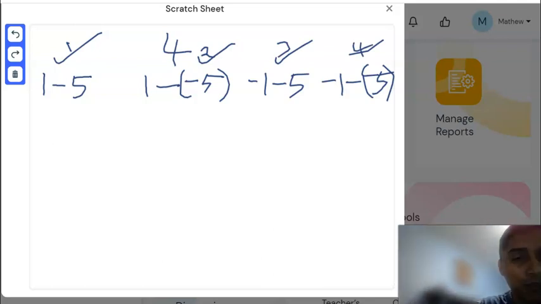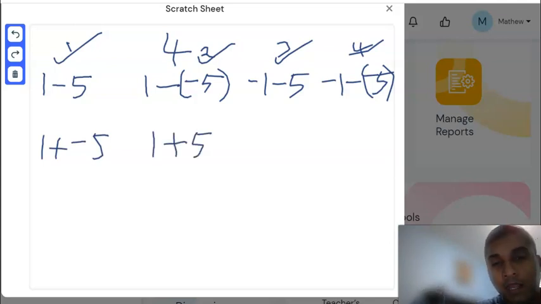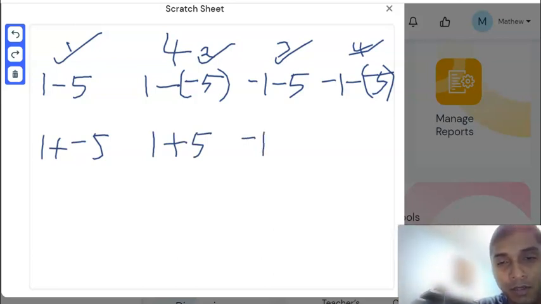In this case you will add the opposite as 1 plus -5. In the second case you will add the opposite as 1 plus 5. Now the third case you will add the opposite, -1 plus -5. Then the last one, -1 plus 5.